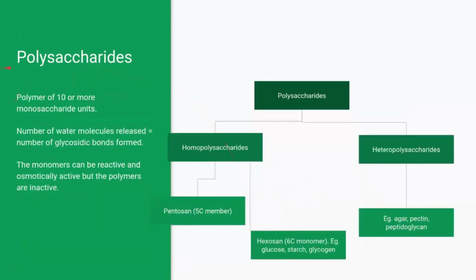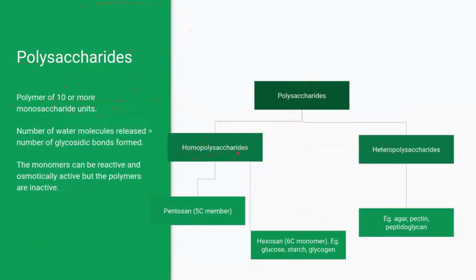So next section we have polysaccharides. Polysaccharides means 10 or more units. You have oligo 2 to 9, mono 1, and then you have 10 or more. For classification of polysaccharides, you have homopolysaccharides and heteropolysaccharides.